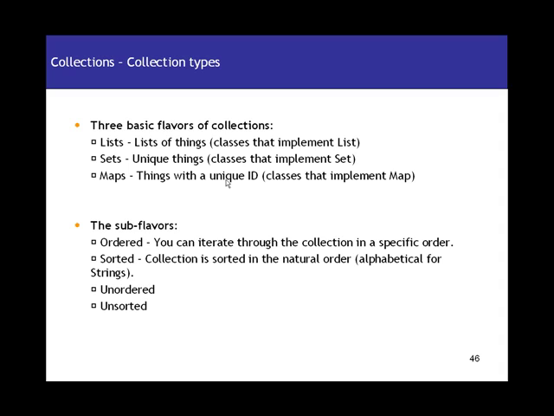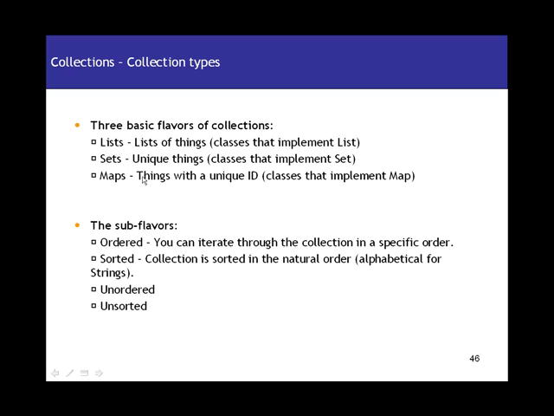So I can say the name in the map is 1, and the value is the student object for roll number 1. Similarly, I can define different name-value pairs, right? So this is basically a name-value pair kind of implementation we have in maps, and it's not just a list of things. So that's the difference between maps and lists and sets in general.